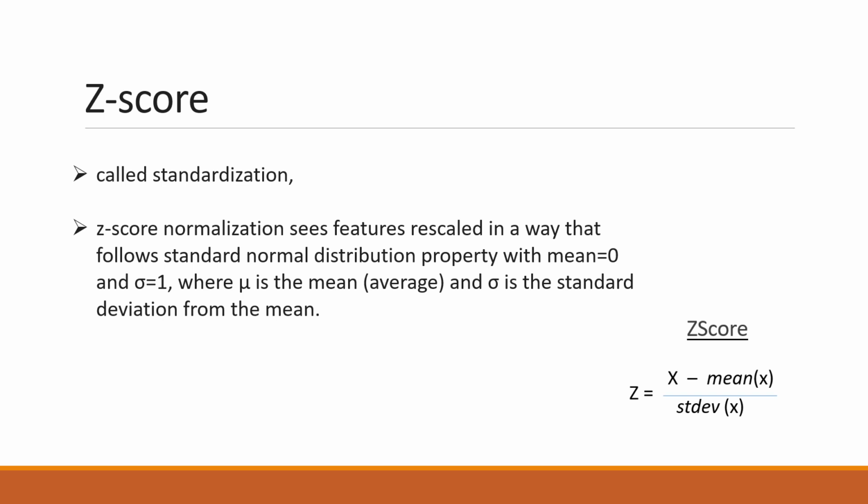Z-score normalization is useful when the data follows a normal or Gaussian distribution, as it allows us to compute the relative position of values across different features. It's also a good choice when dealing with linear models such as linear regression that assume that the features are normally distributed.